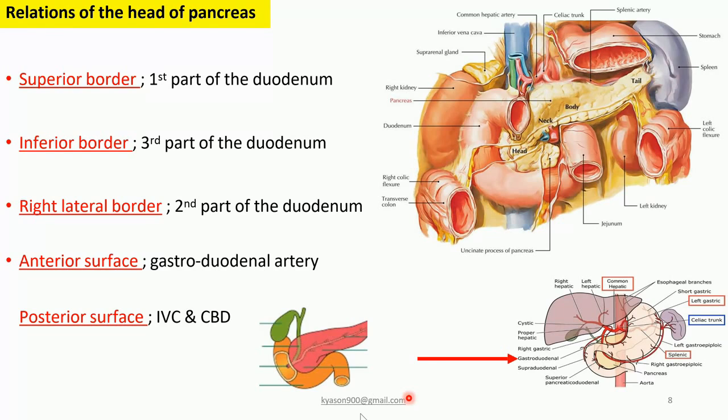So it's given off, and after being given off, it's going to run downwards posterior to the first part of the duodenum, lying in front of the head of the pancreas.